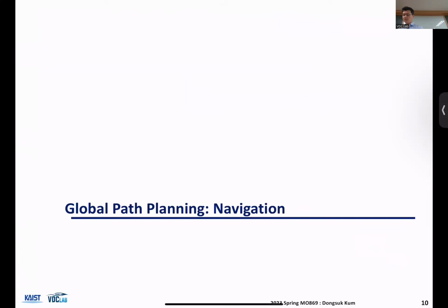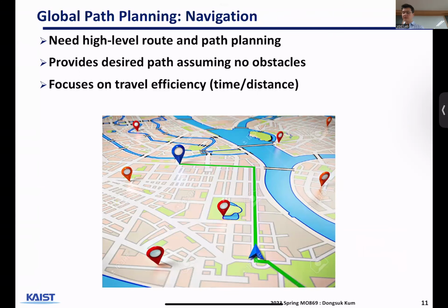Then let's move on to the first part of the architecture, which is global path planning, often called navigation. As you can easily imagine, navigation is absolutely required. We use it every day if you're driving.